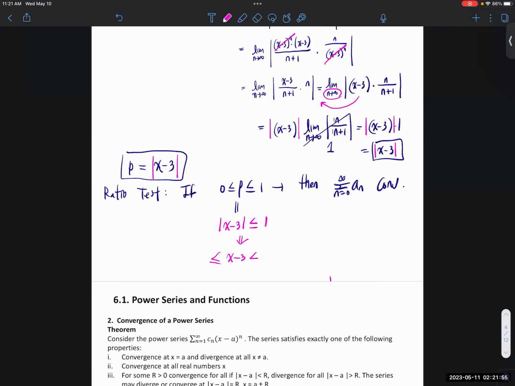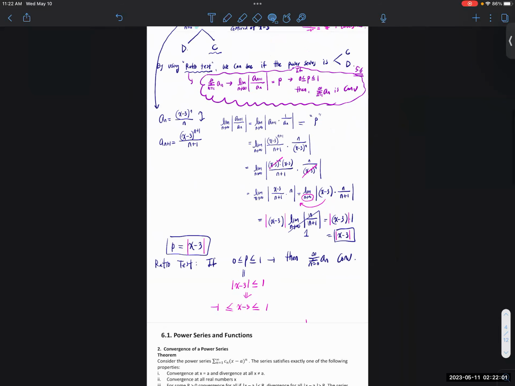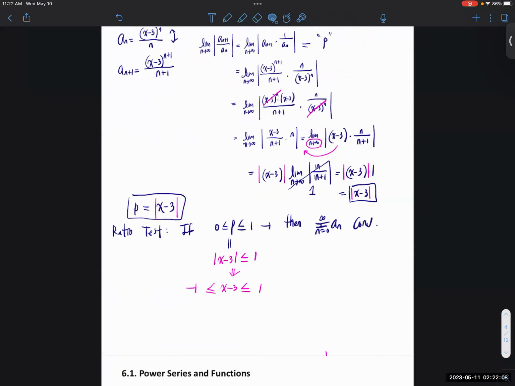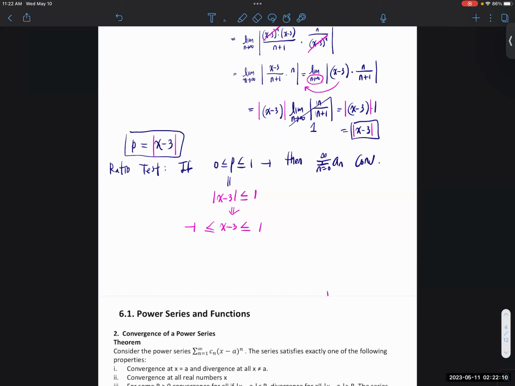When you get rid of the absolute value, it's going to be between negative 1 and 1. That was my mistake at the beginning, but now we got that one. Now you are going to add 3, so when x is between 2 and 4, this series is always going to be convergent.